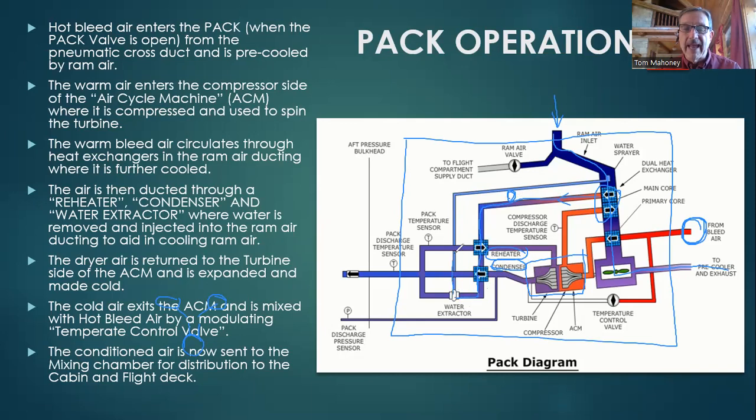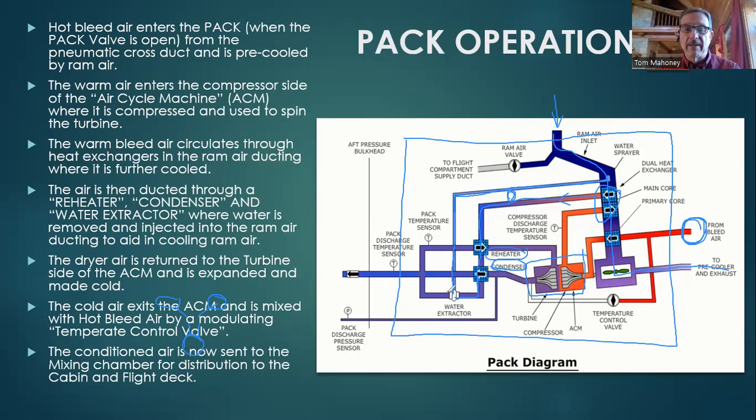This water is taken out, run back up into the ram air ducting, sprays out inside the ram air ducting, cools the air a little bit more, and that's why the heat exchangers here are more effective, because now the air is even cooler by being moist as it flows over the heat exchangers, thus cooling the air down.